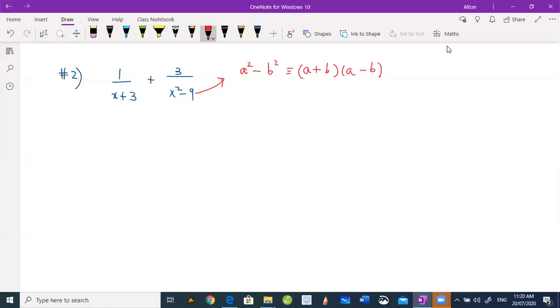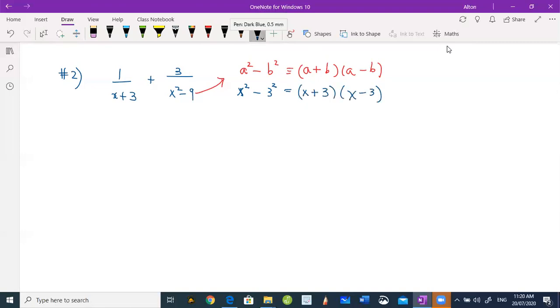You could have written a minus b by a plus b. Okay, so let's see, we could factorize x squared minus 9. So x squared minus 9 can be written as the difference of two squares, x squared minus 3 squared. That will give us the values of a and b, which will be x and 3.